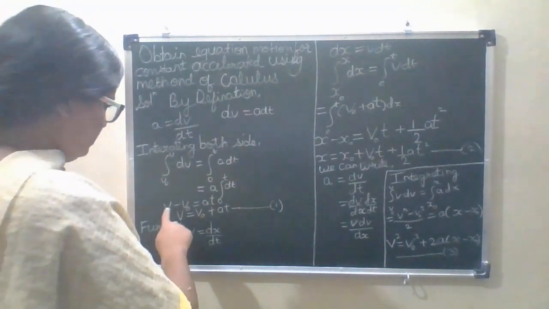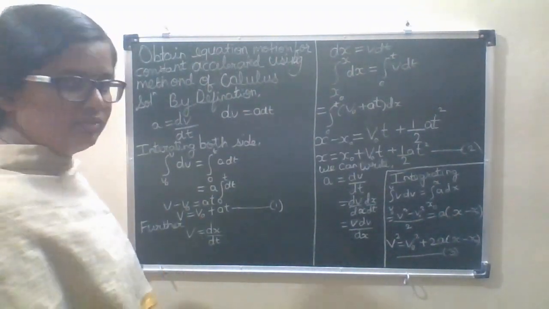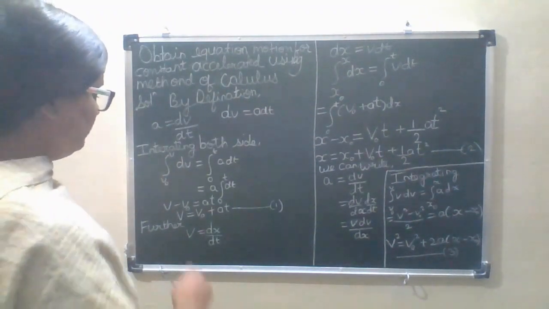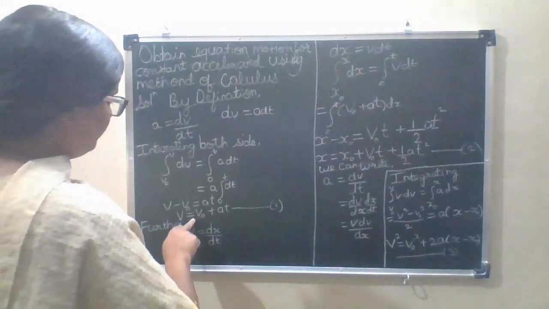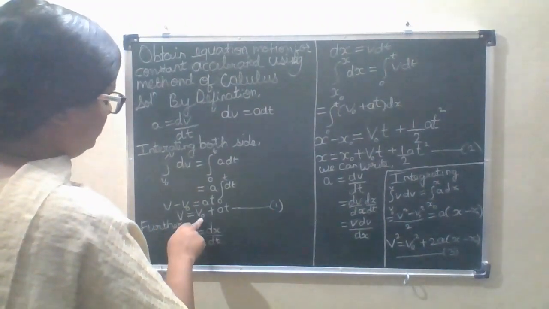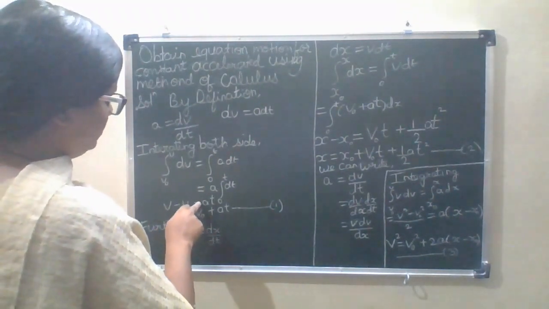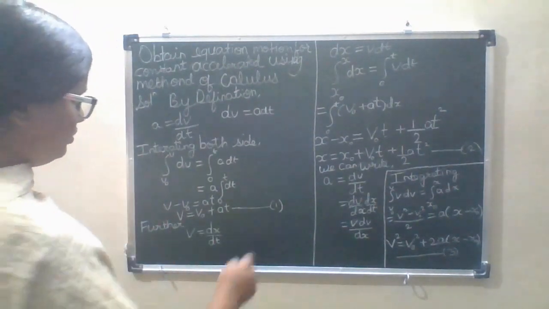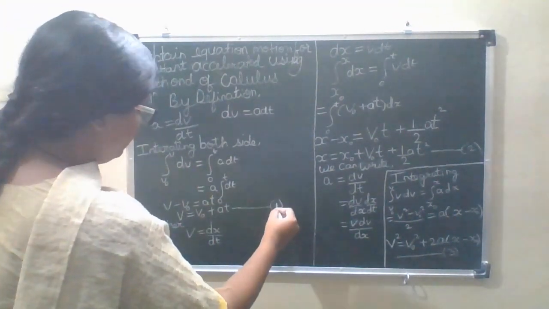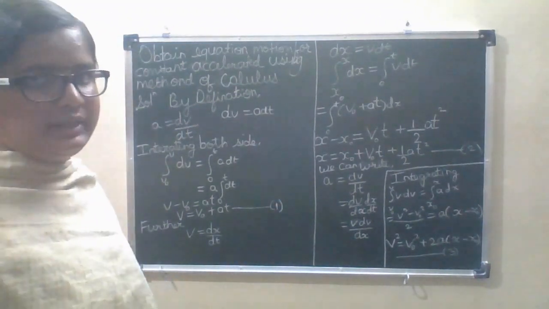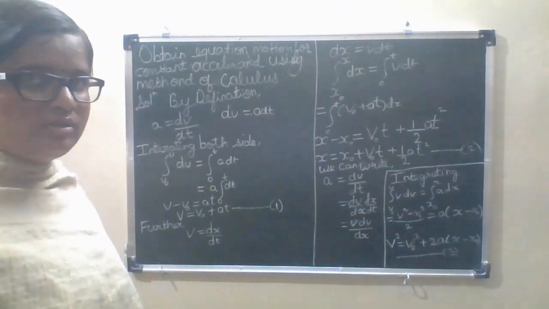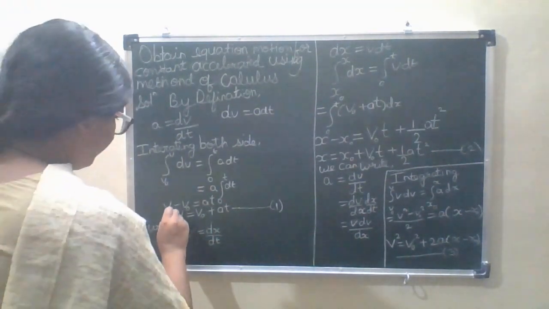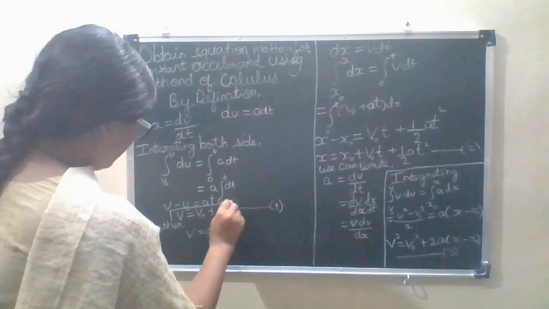So v is equal to v0 plus at. This is our first equation of motion.